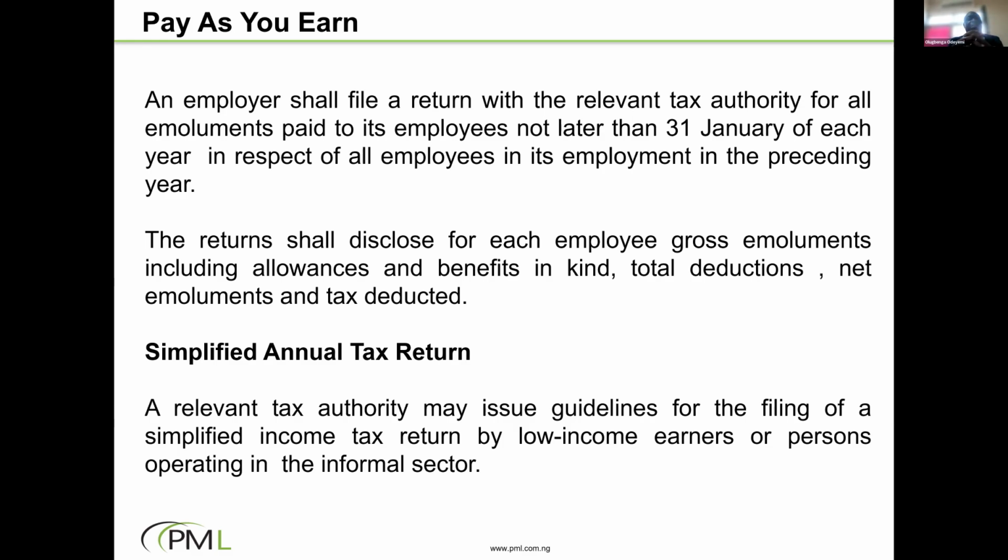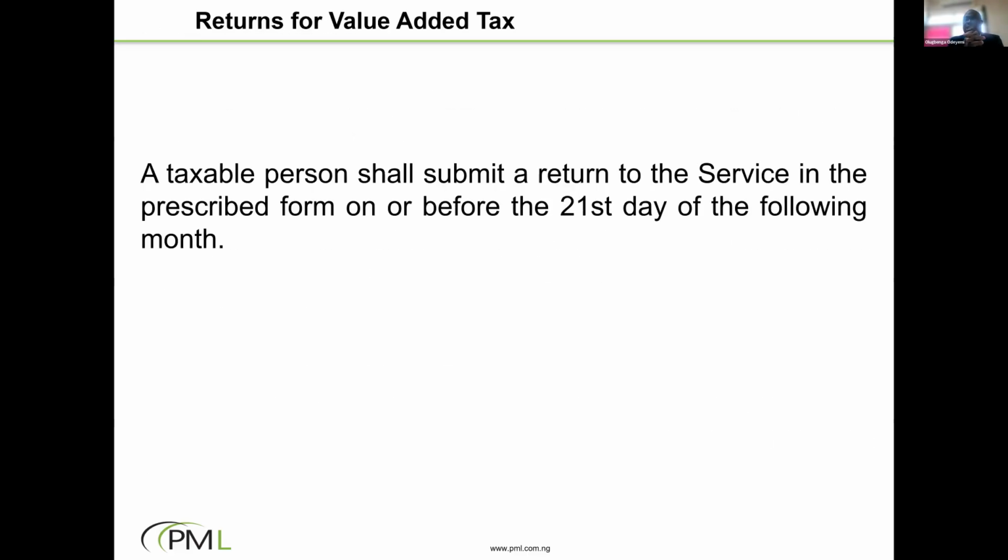Now, there is the issue of value-added tax. And as we know, value-added tax is a consumption tax. So it is expected that a taxable person can submit a return to the service in the prescribed form on or before the 21st day of the following month. You know, if you have already been complying, we know that this is not new.